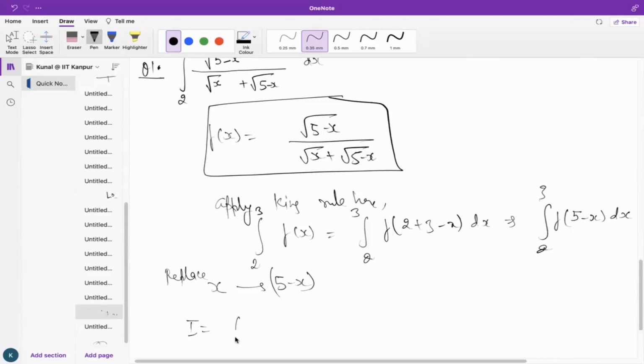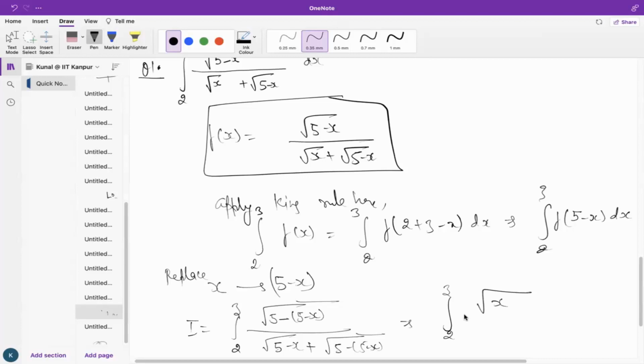So our integrand looks like, we are integrating from 2 to 3, and we have to replace x by 5 minus x: root under (5 minus (5 minus x)) divided by root under (5 minus x) plus root under (5 minus (5 minus x)). When we simplify it, what we get is integral from 2 to 3 of root x by root under (5 minus x) plus root x.